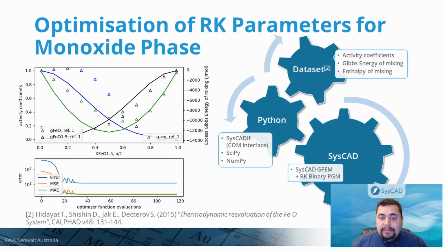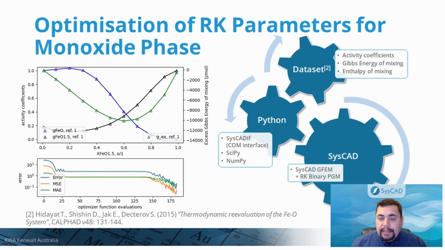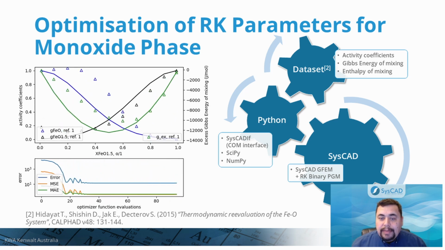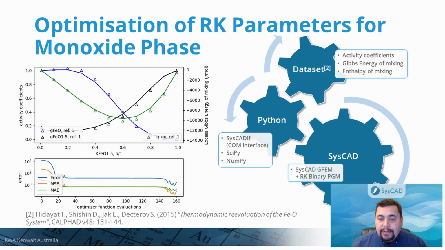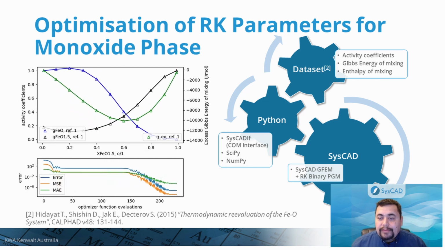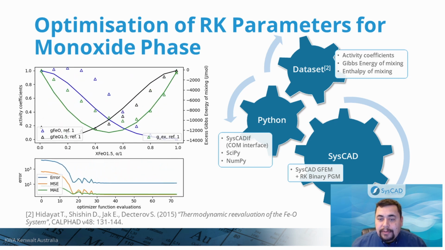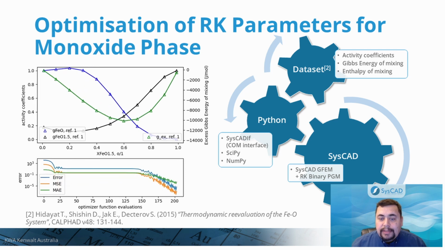In this animation, the progress of the optimization routine is observed. Starting from an initial guess, the optimizer starts by finding a symmetrical solution, and then, after a few more iterations, is able to adjust the second order parameter to reproduce the non-symmetrical nature of the model, rapidly converging to the final parameters.